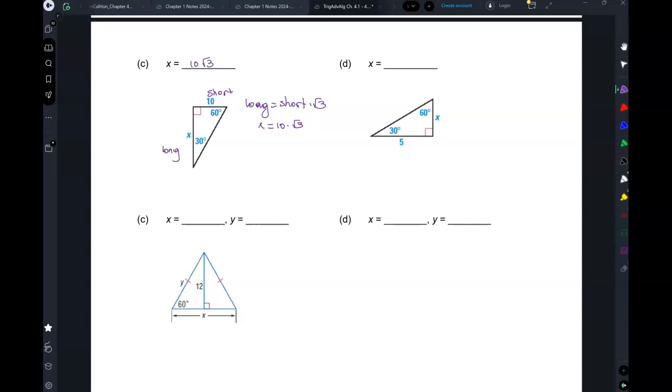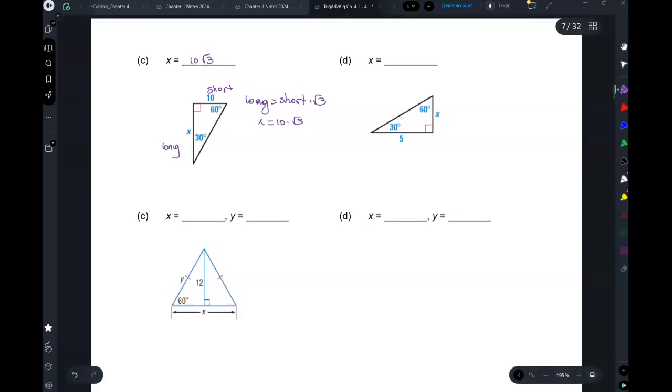The biggest mistakes I get for these is students don't want to write this stuff down and then they have a different configuration. So for example, they'll write 10 divided by root 3 instead of 10 times root 3, right? Because they thought they got the order wrong. So just write it out. Okay, go ahead and do the next one. Just write out the answers for the next one.